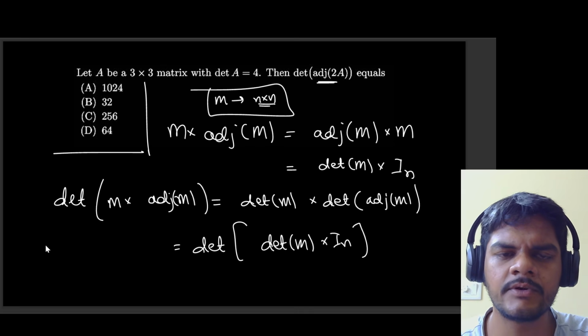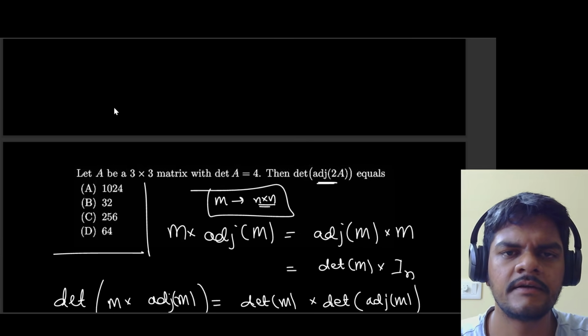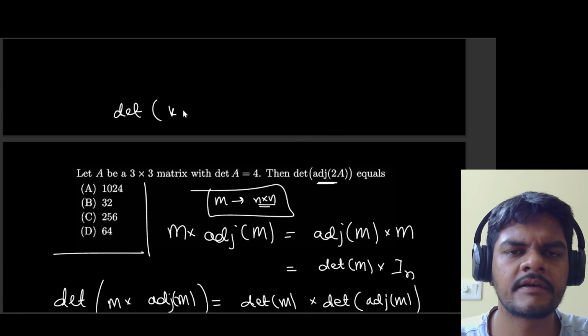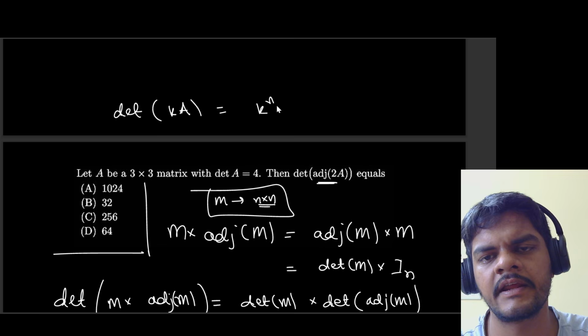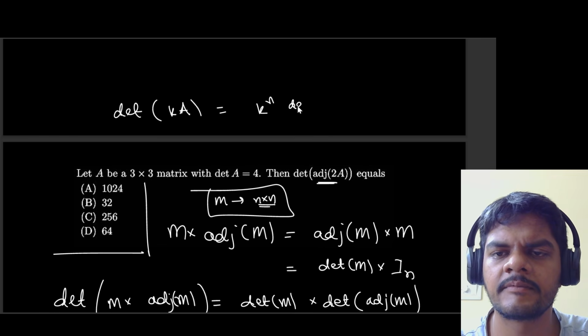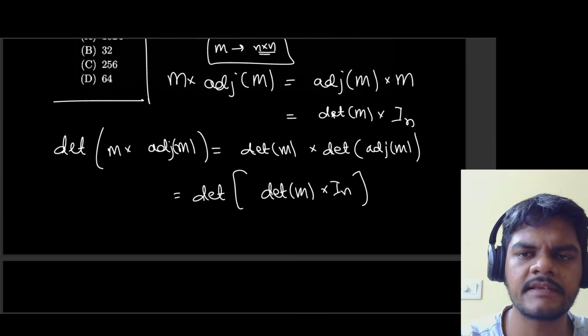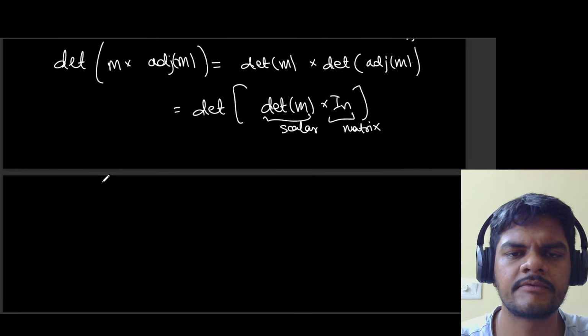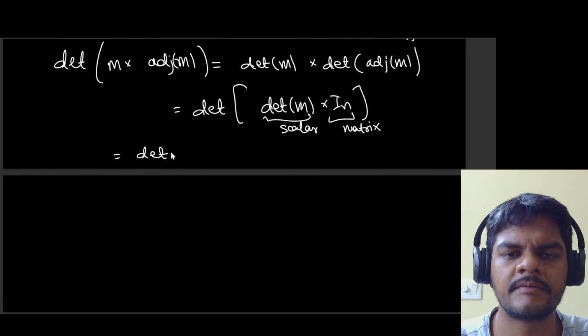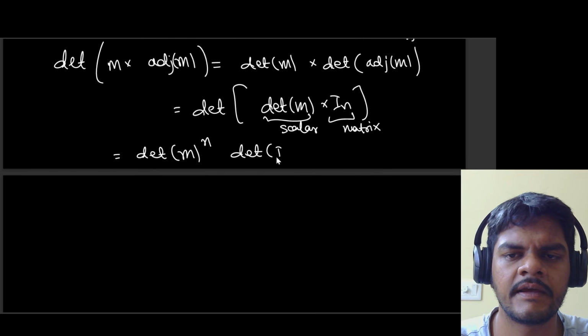Yes. So determinant, and you should know this thing, determinant of a scalar multiple into any matrix is equal to k power n, n being the order, into determinant of it. Here in this case, this is a scalar, this is a scalar, and this is a matrix. So this will become equal to determinant of M power n into determinant of I. This is anyways equal to 1.